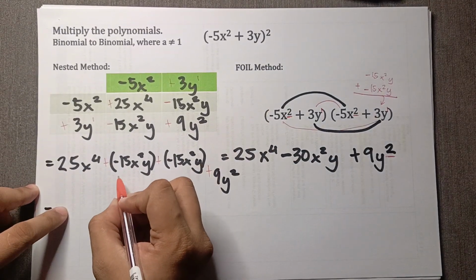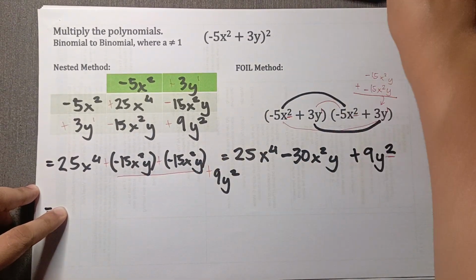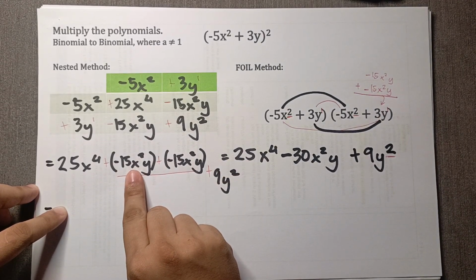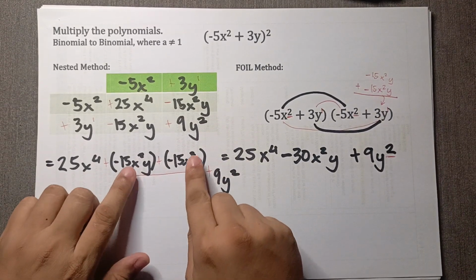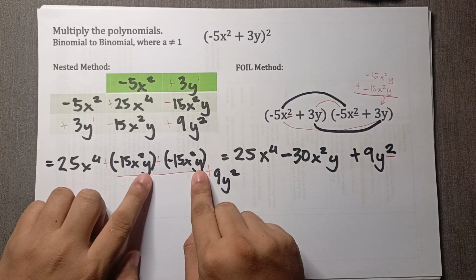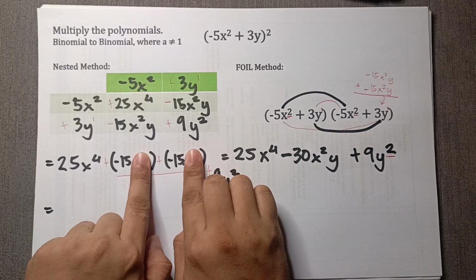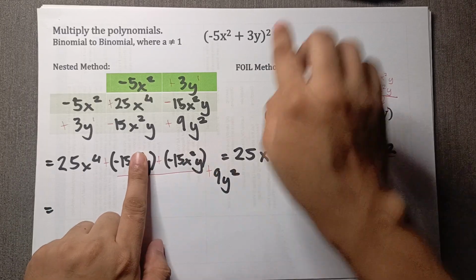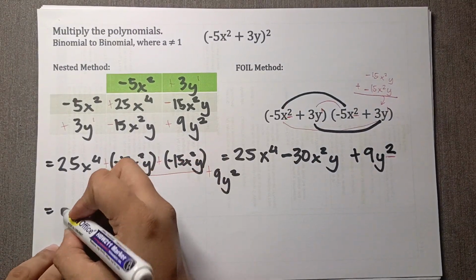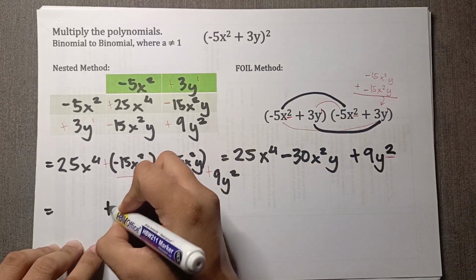Now, adding them together, parehas sila ng x na may squared and parehas silang may y. So, takpan lang yan. Negative 15 plus negative 15. So, we have negative 30.